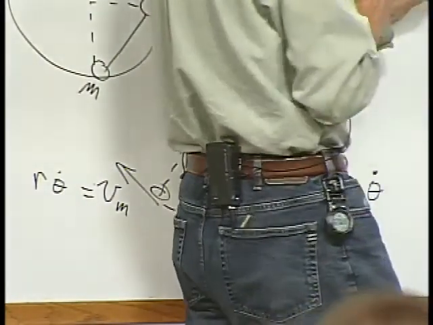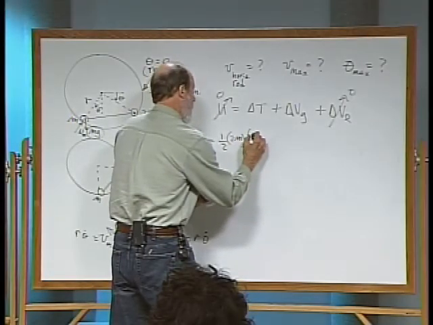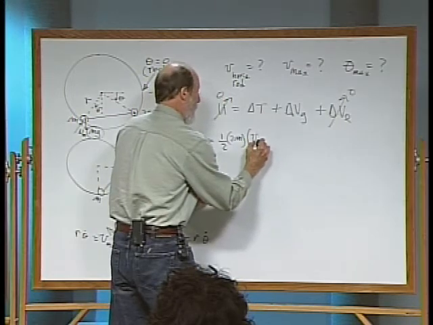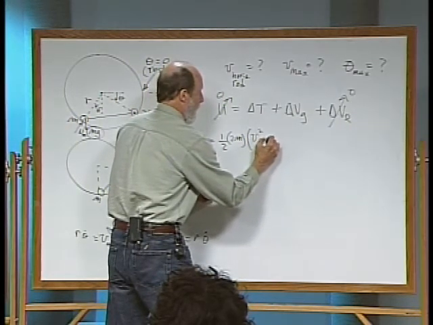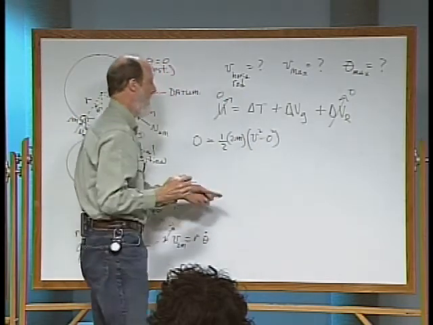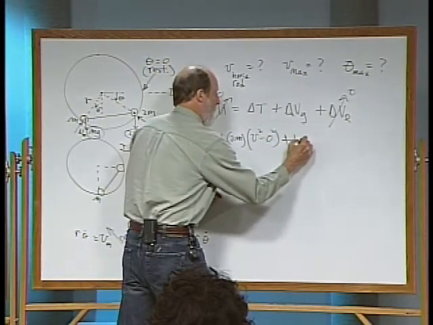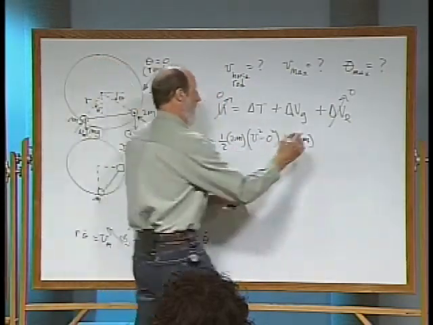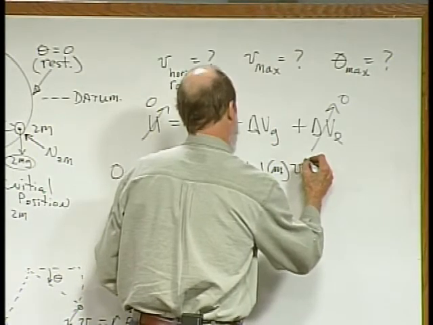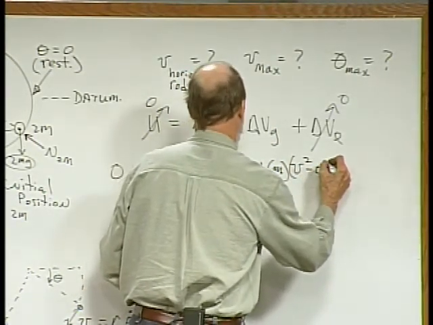So our double mass particle then has some speed, let me just call it v squared, minus the initial squared. The other mass, don't forget to include it, is just made up of the mass of m, again carrying speed v, being squared, minus 0 squared.